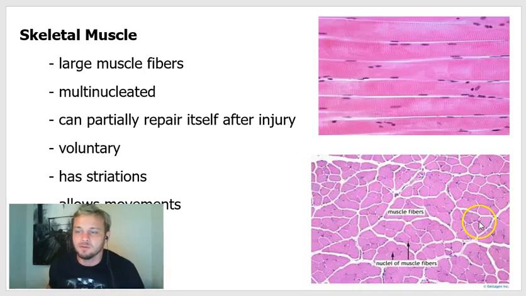And if you look too, you can see that there is more than one nucleus on each one of these bundles. And if you see that there's more than one nucleus on a cell, that's going to tell you directly that that's skeletal muscle. You do not have a lot of multinucleated cells in your body. So if you see that, you should think skeletal muscle.